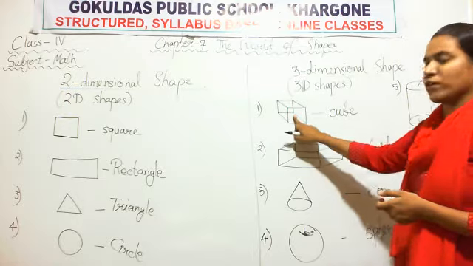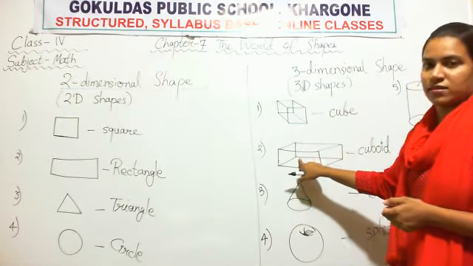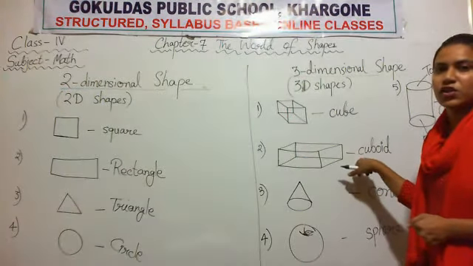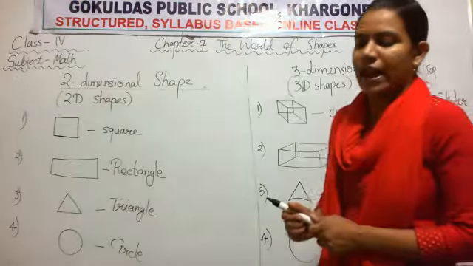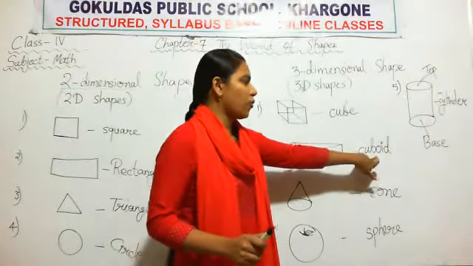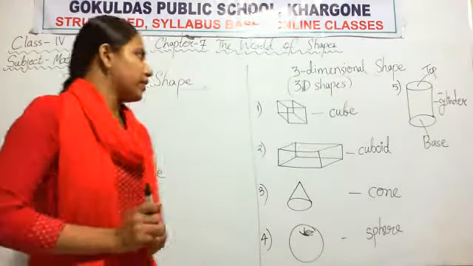Does your geometry box look like this? No. Is it like this shape? Yes. Which shape is it? It is cuboid. So write the answer cuboid. Write this spelling, cuboid. A geometry box is cuboid.